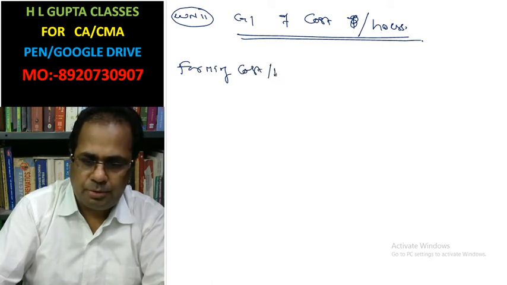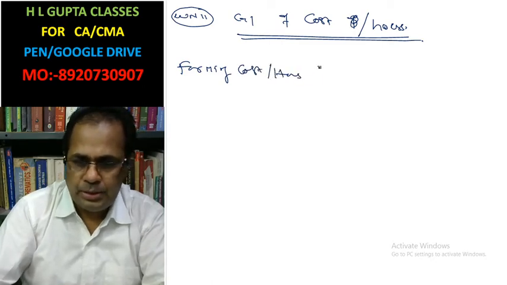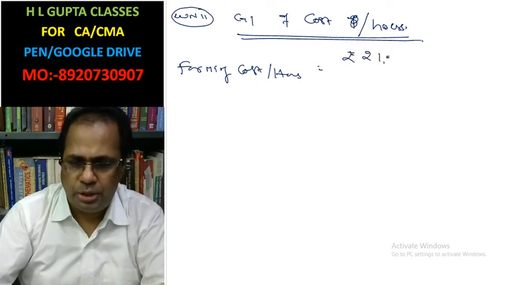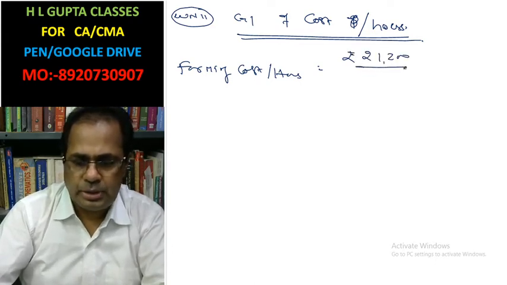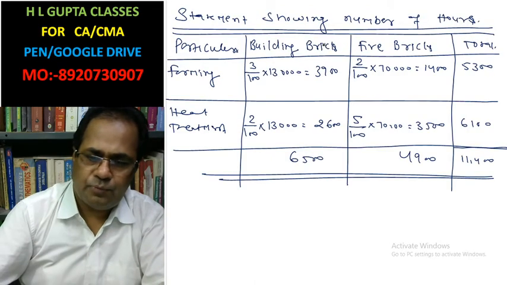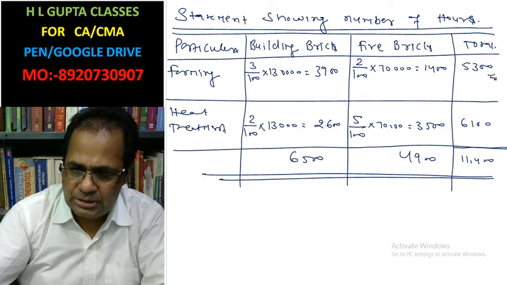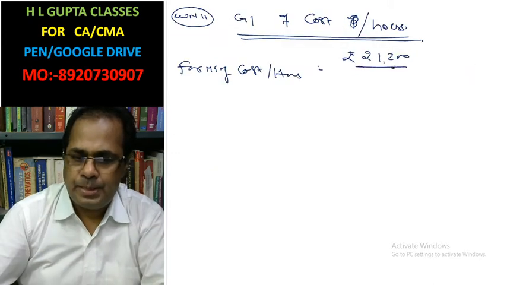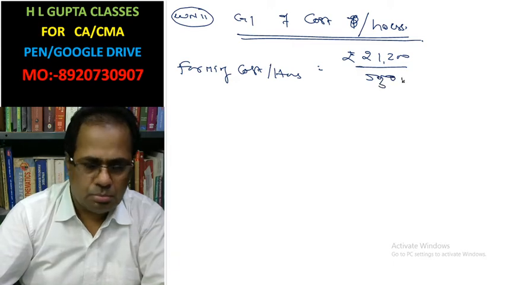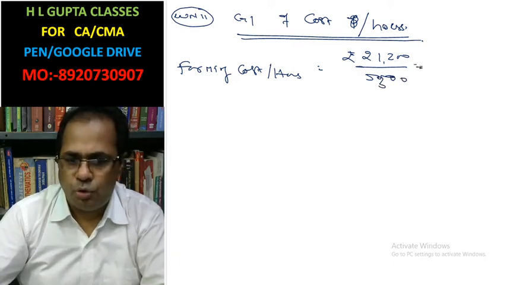Cost per hour. Total cost is 21,200 divided by, look here, in the case of forming the total hours is 5,300. That is rupees 4 per hour.